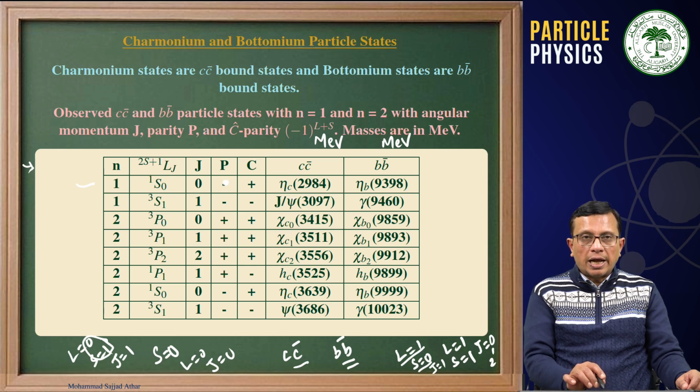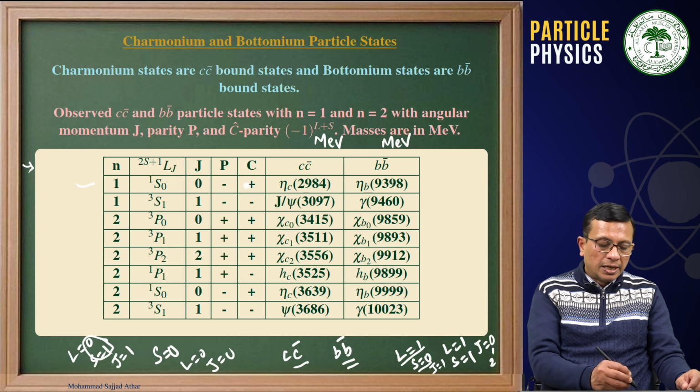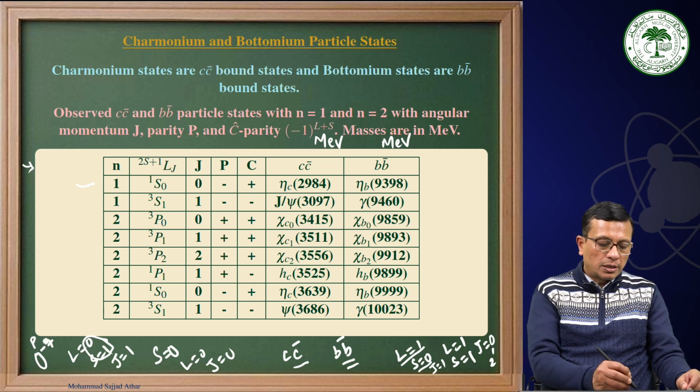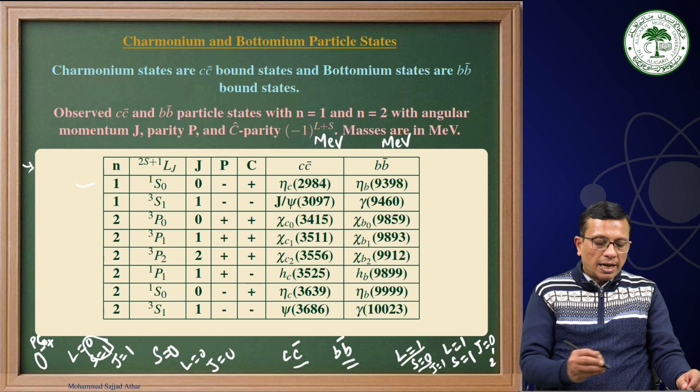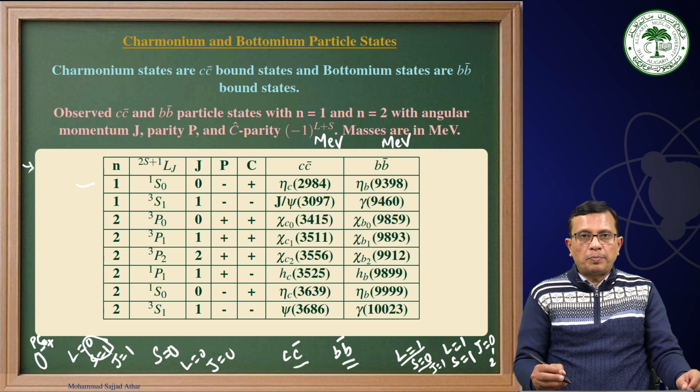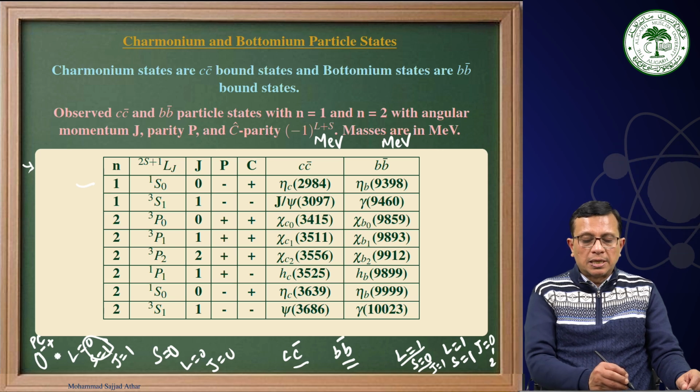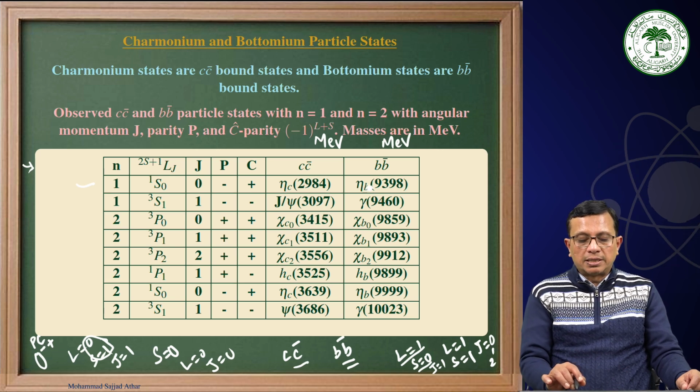Therefore, in general, when you will look at the books, what they represent a state corresponding to J equal to 0 and parity odd and C-parity to be even, they write it as 0 minus plus, where the first minus sign stands for parity and the second plus sign stands for the C-parity. Therefore, if I am writing it as 0 minus plus, I am talking about this state.